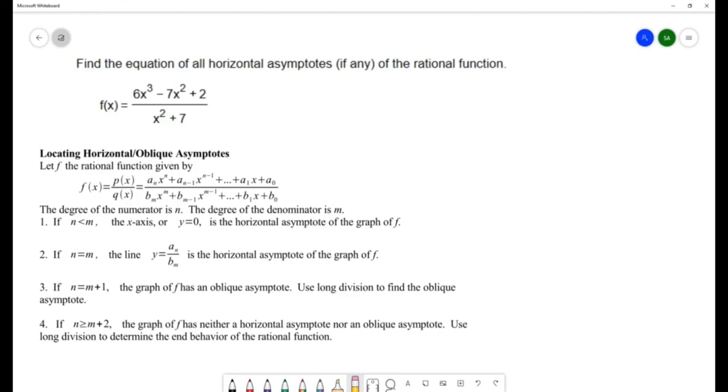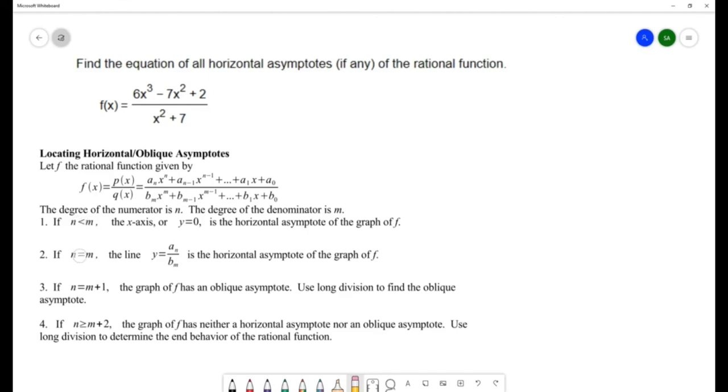And we compare them. So we have these 4 situations that have been summarized for us using calculus. What we need to do is figure out which situation we're in with the degree of our numerator and denominator. And then there are instructions here on how to find the horizontal and oblique asymptotes based on that comparison.